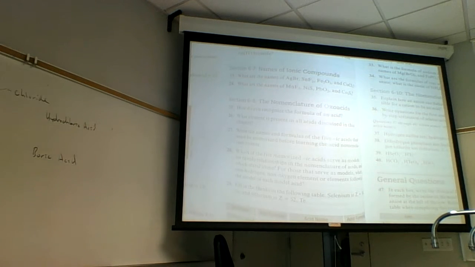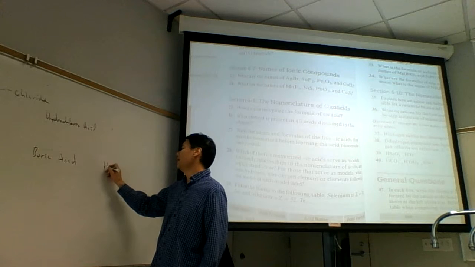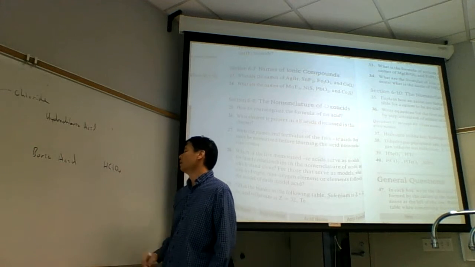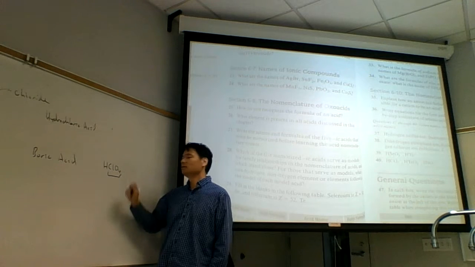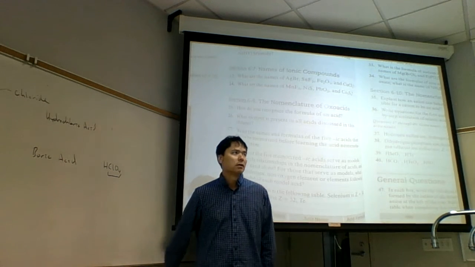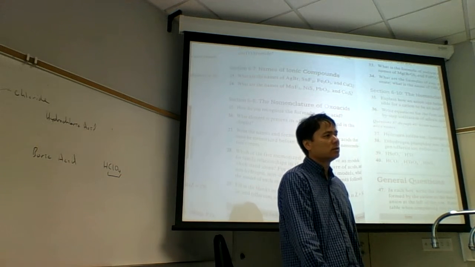All right, let me do one more. So, for example, here, if I do HClO4, ClO4, do you recognize that one? No, but it's chlorine and oxygen. And so I know chlorate. Chlorate has how many oxygens?